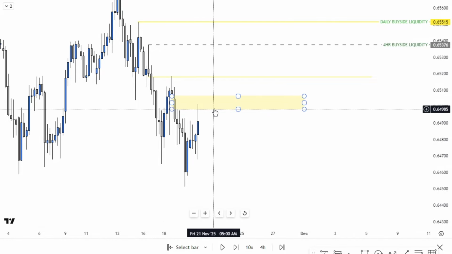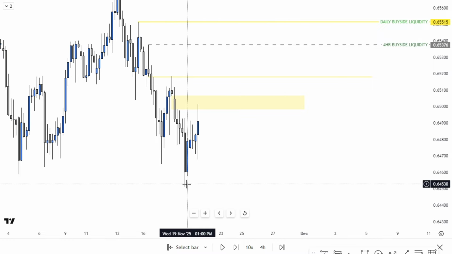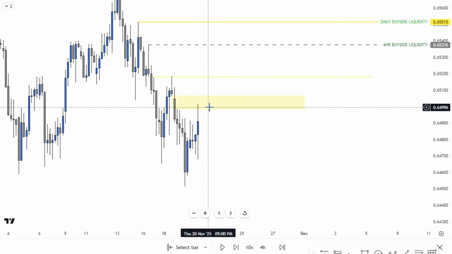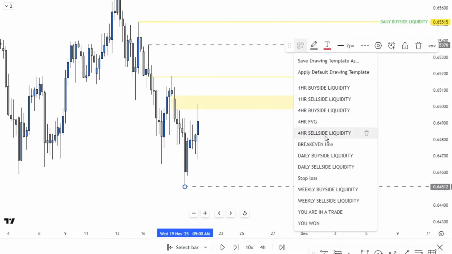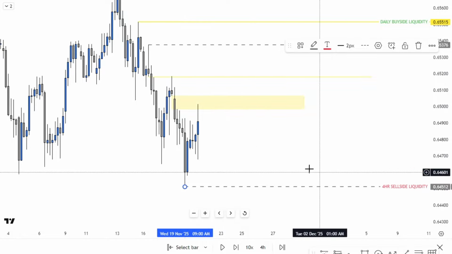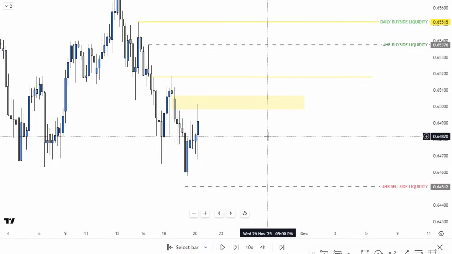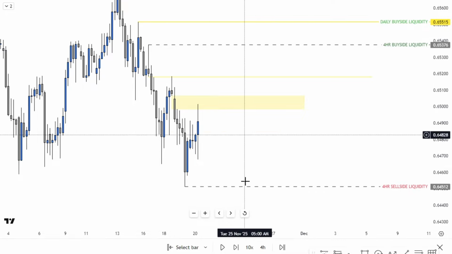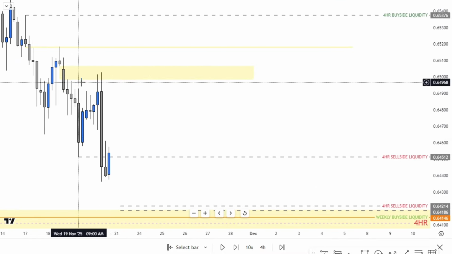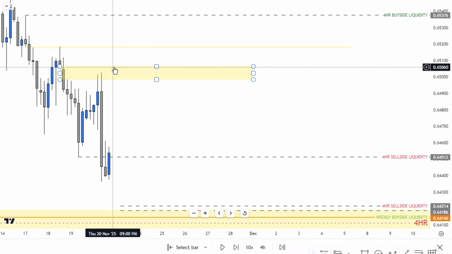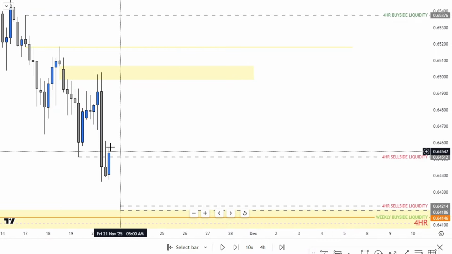All right, so price returns from external liquidity back into internal liquidity. Now, where do we anticipate for price to head next? Price is anticipated to head for this 4-hour sell side liquidity. And now let's see how price plays out. And just like that, price goes from internal liquidity back out to external liquidity.